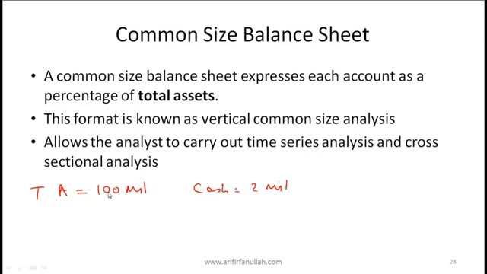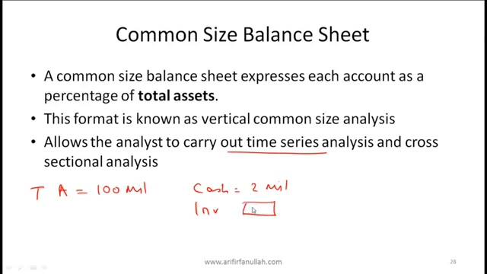So time series analysis means analysis over a period of time. So if you want to see, for example, how inventory has changed as a percentage of total assets over the last 5 years, looking at the common sized balance sheet will allow you to do that. Simply looking at inventory values might not tell you the full picture, because the company might have grown. So if the company is growing, clearly inventory is going up.